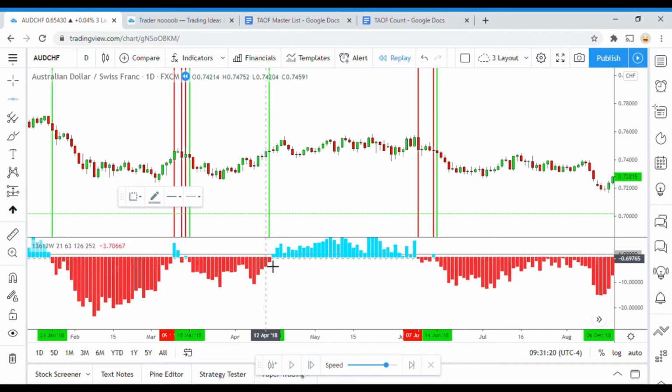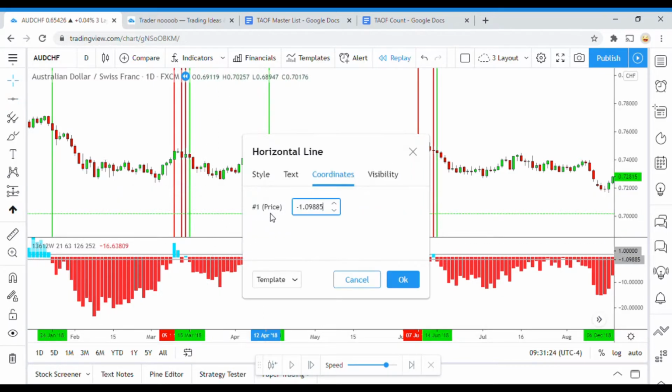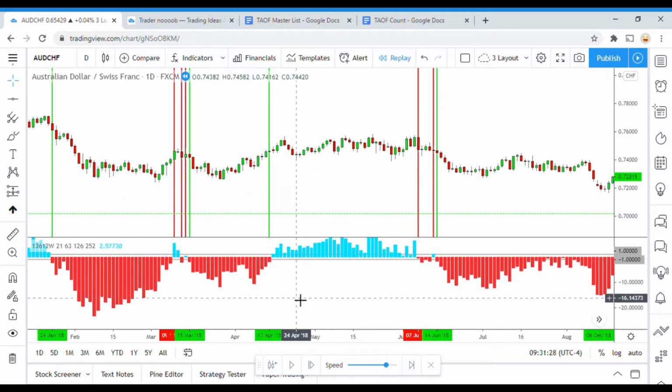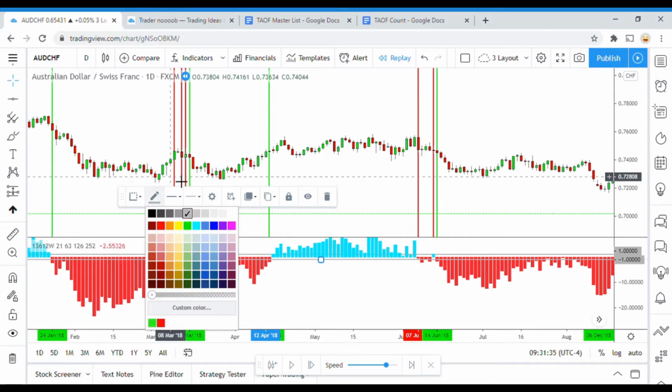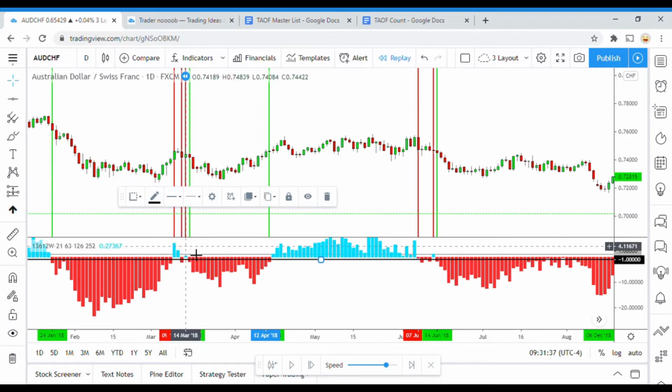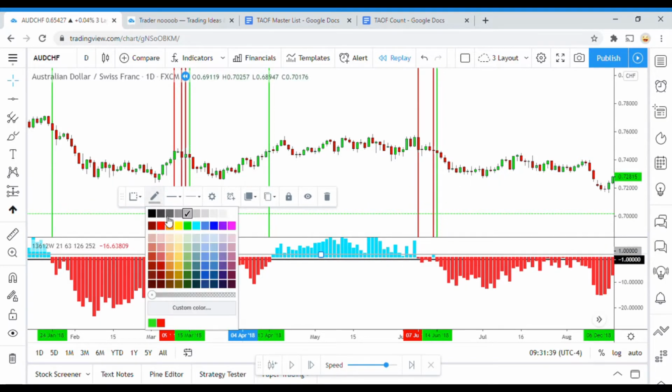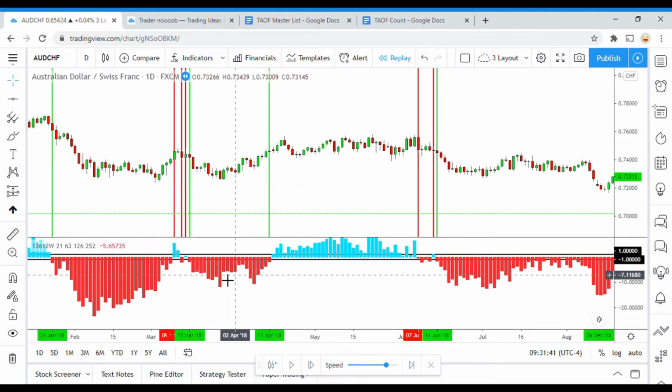And then this other one here, set at a -1. And these could be like a zone where we wouldn't take the trades until the blue line broke above this or the red line broke down below this area.